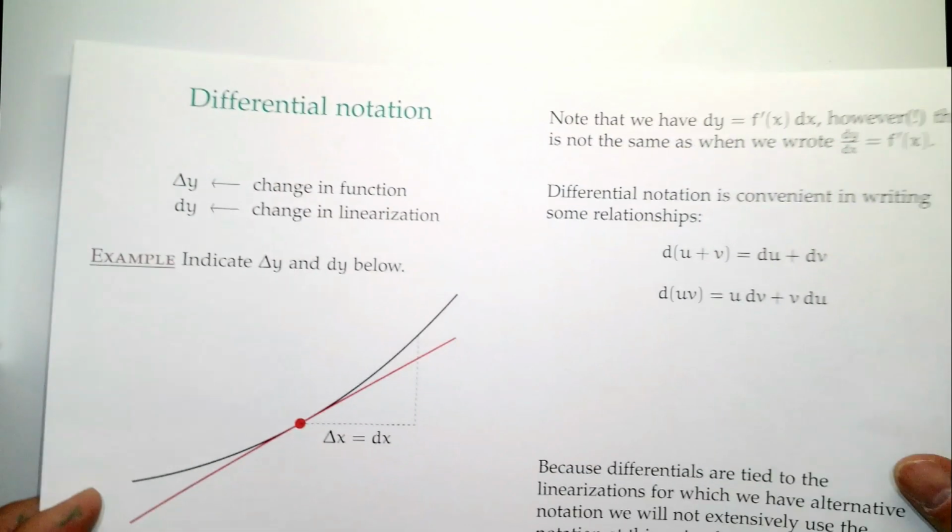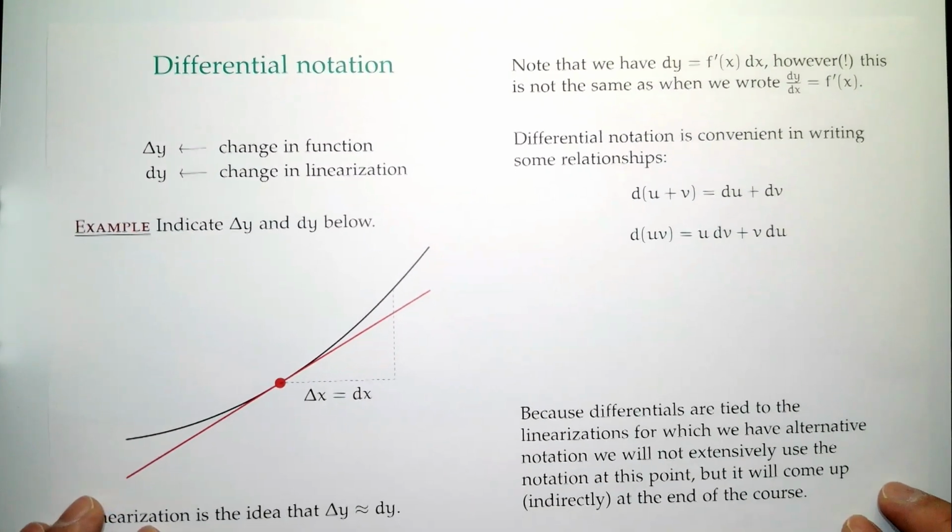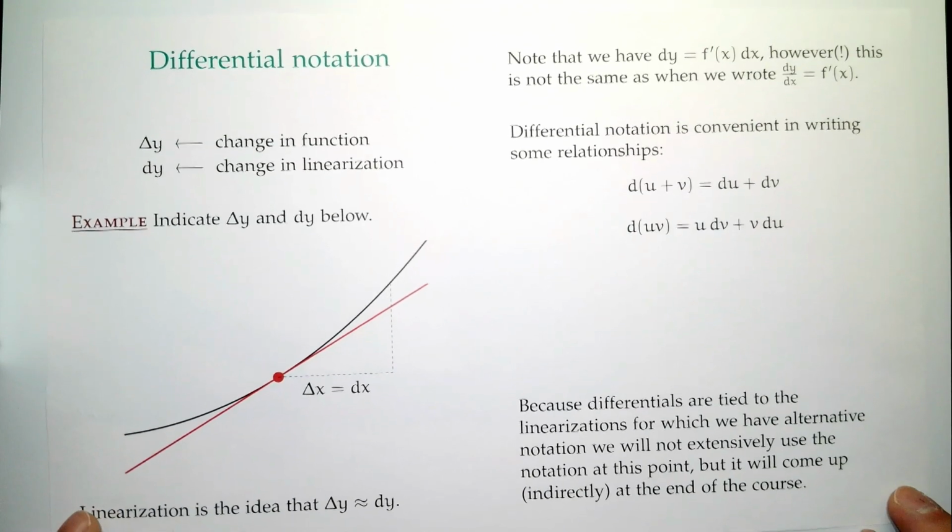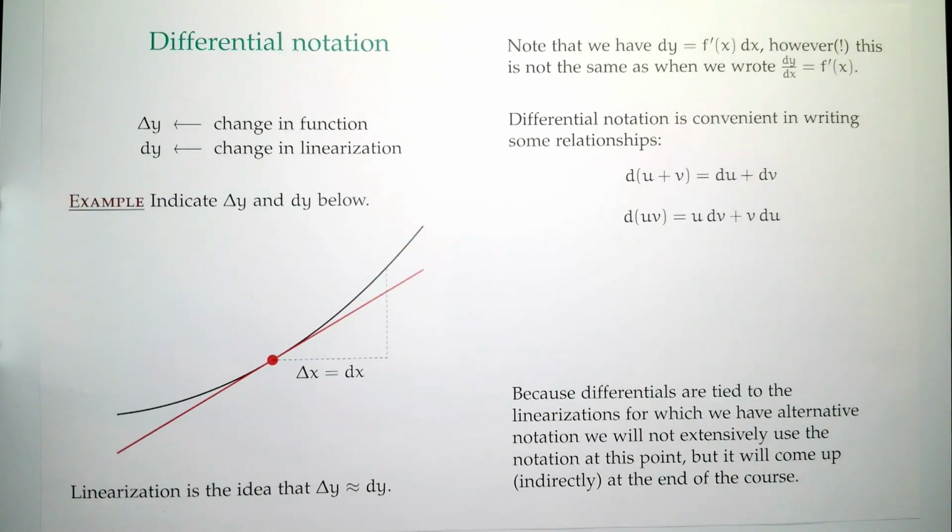Now, one last thing for today. There's something called differential notation. Here's how I like to think about it. In differential notation, you have these two ideas: what is the function doing versus what is the linearization doing.